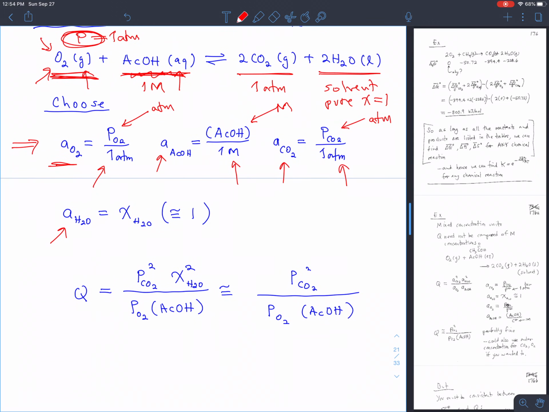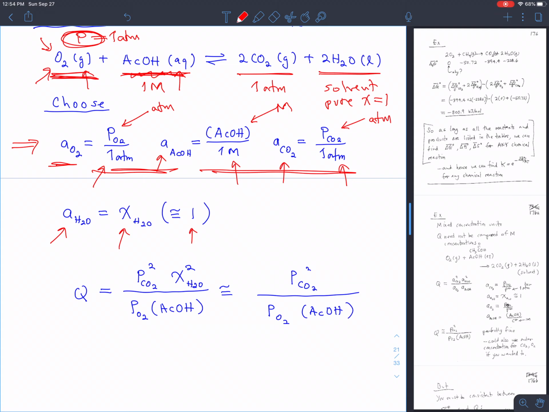And for the water, since it's the solvent, I choose the mole fraction definition of the activity, and then I'm going to assume that it's 1, again making the approximation that these other species are not present in high enough concentration to worry about.